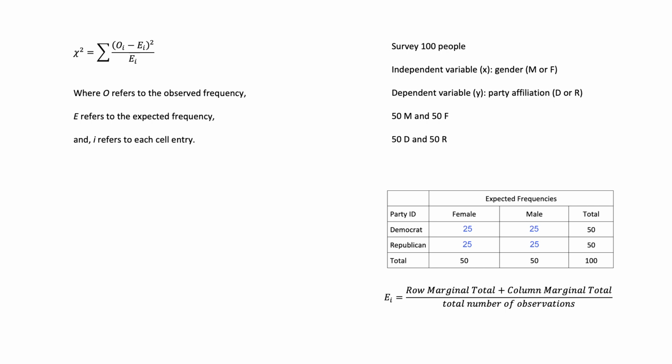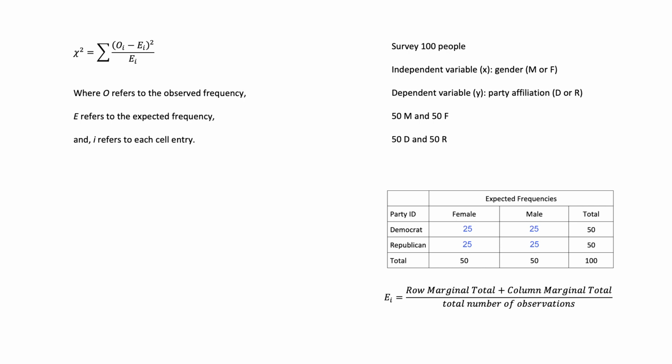That is, if there is no relationship between gender and party ID, we'd expect that half of the Democrats would be female and half would be male, half of the Republicans would be female and half would be male. And likewise, half of the females would be Democrat, half of the females would be Republican, half of the males would be Democrat, and half of the males would be Republican.